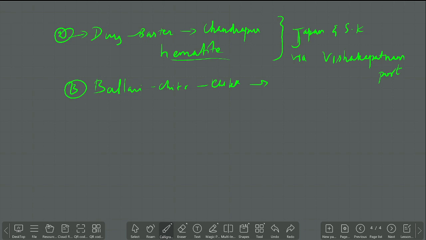Karnataka has large reserves of iron ore. Here, what is the famous one? Kudremukh. Kudremukh mines are located in the Western Ghats of Karnataka. It is said to be a 100% export unit.